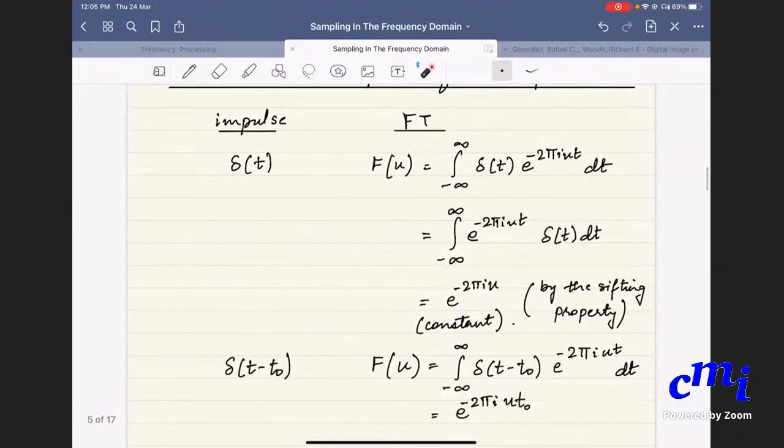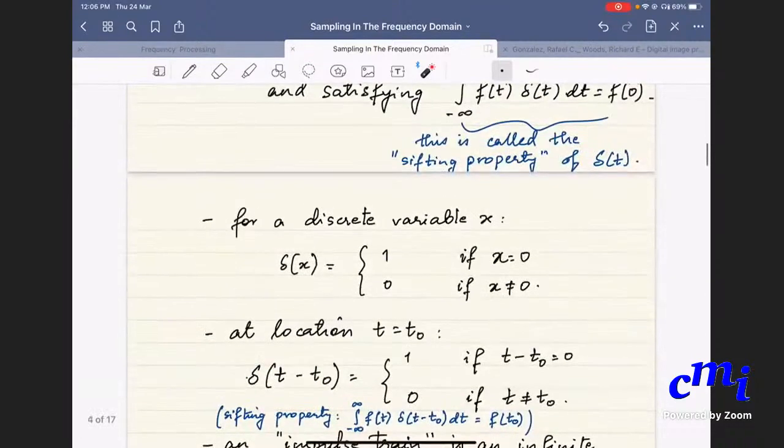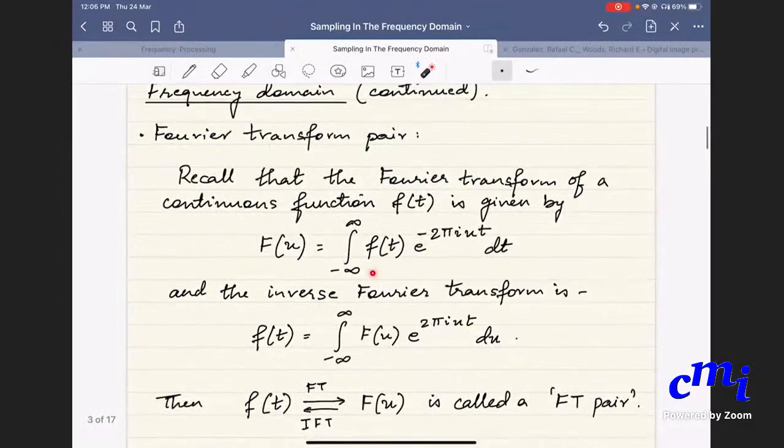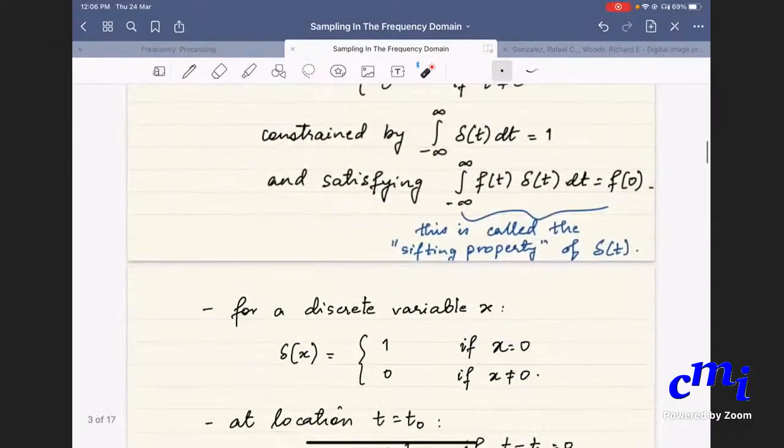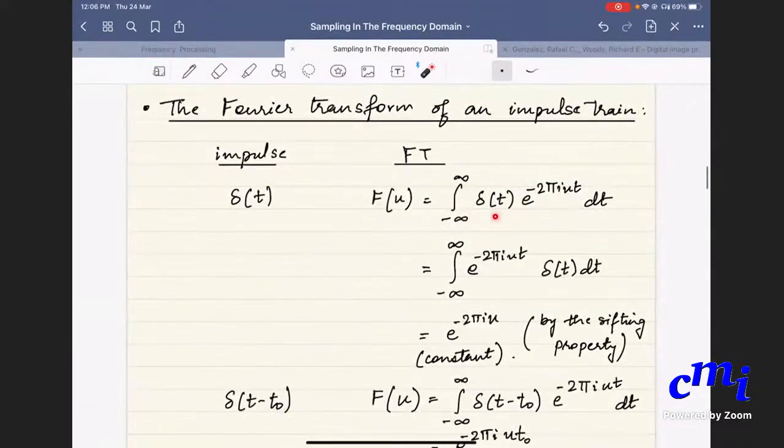So if your impulse is delta t, then the Fourier transform of this delta t is, by definition, the integral of delta t e raised to minus 2 pi i u t dt. Right? That is the definition of the Fourier transform for any continuous function. Remember, like this. And so instead of f t, now I have delta t. That's the only difference.